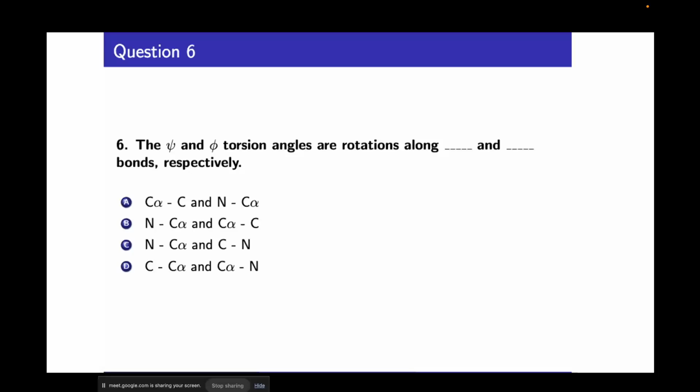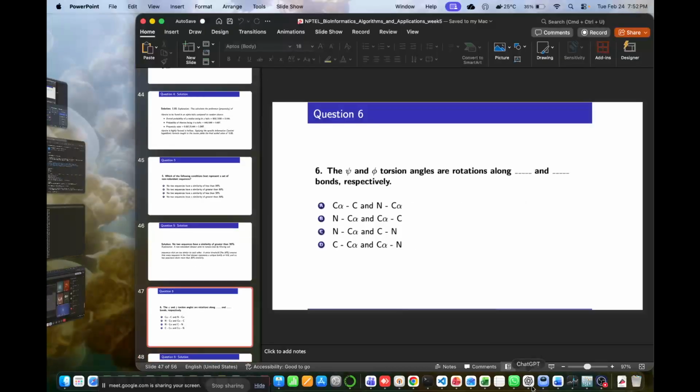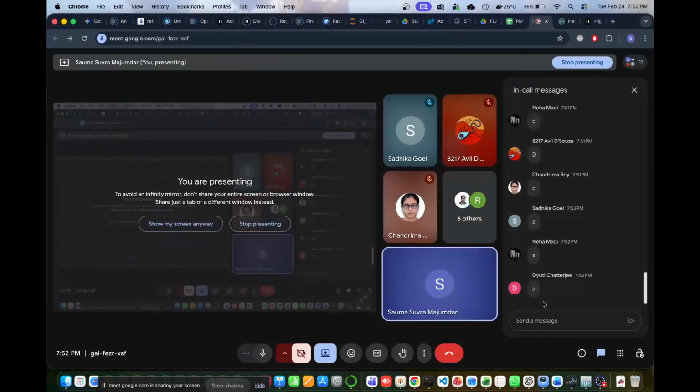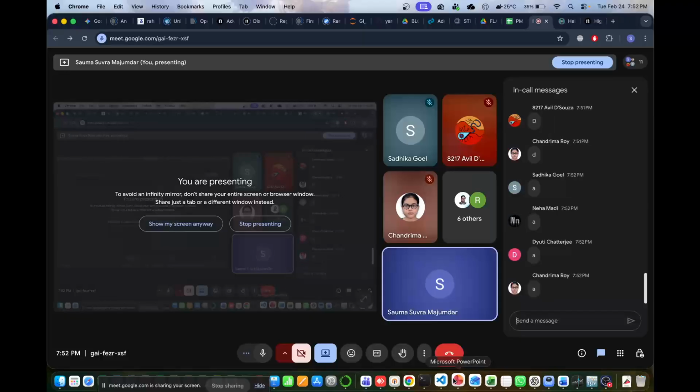Keep in mind the order. Psi is given first, then phi. So yeah. Okay.